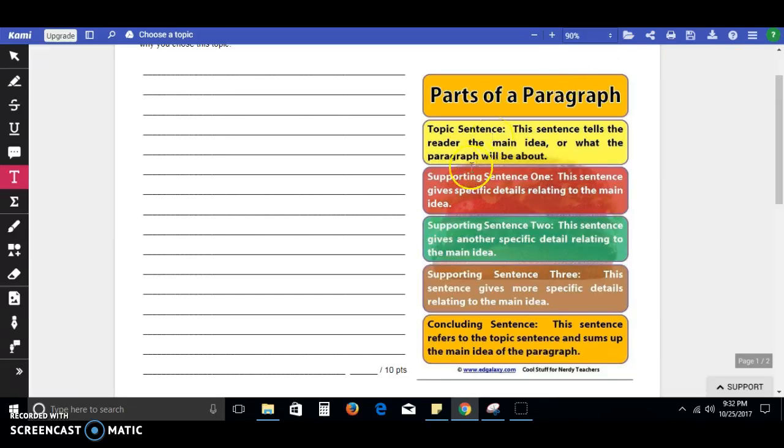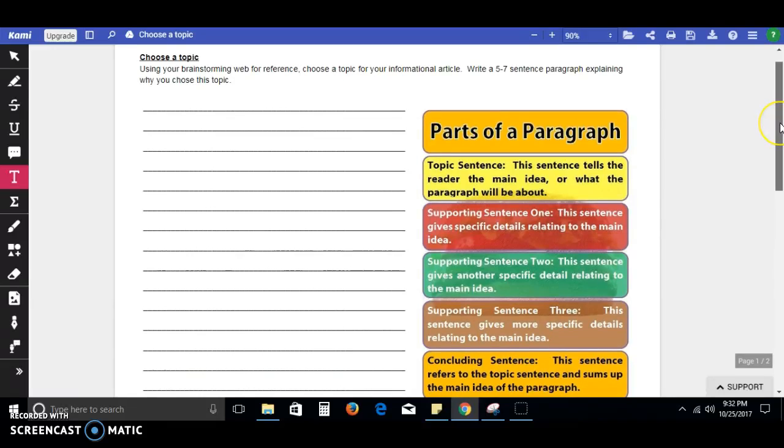A paragraph always has a topic sentence, which tells the reader the main idea or what the paragraph will be about. You then have at least 3 supporting sentences that give specific details that relate to that main idea, and a paragraph always ends with a concluding sentence that sums up the main idea of the paragraph. And your paragraph is worth 10 points because it should be at least 5 sentences.